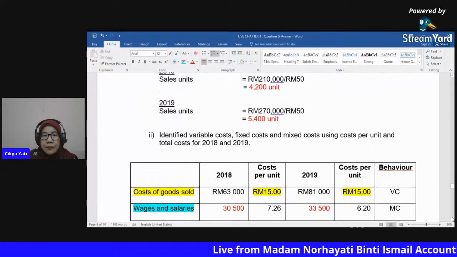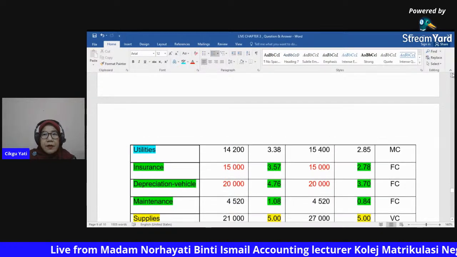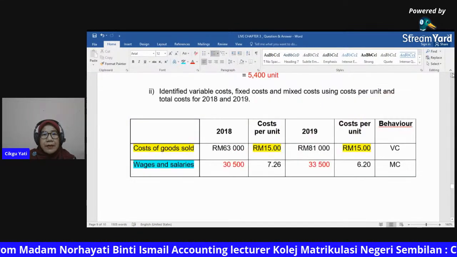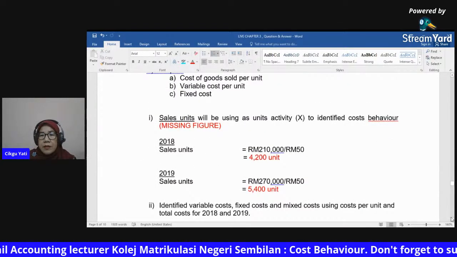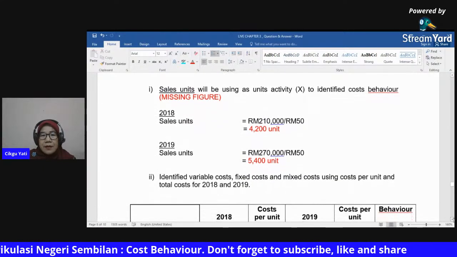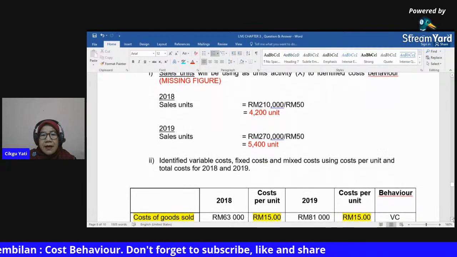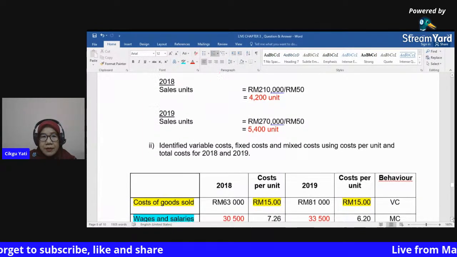Okay, now look at the answer. This one you can calculate using cost per unit, or you can use the high-low method. But my answer, I show you in terms of cost per unit.